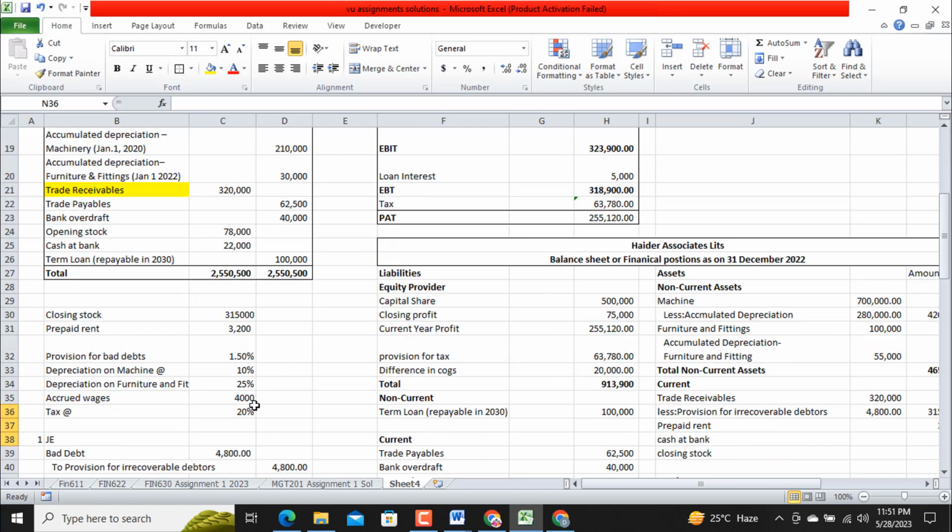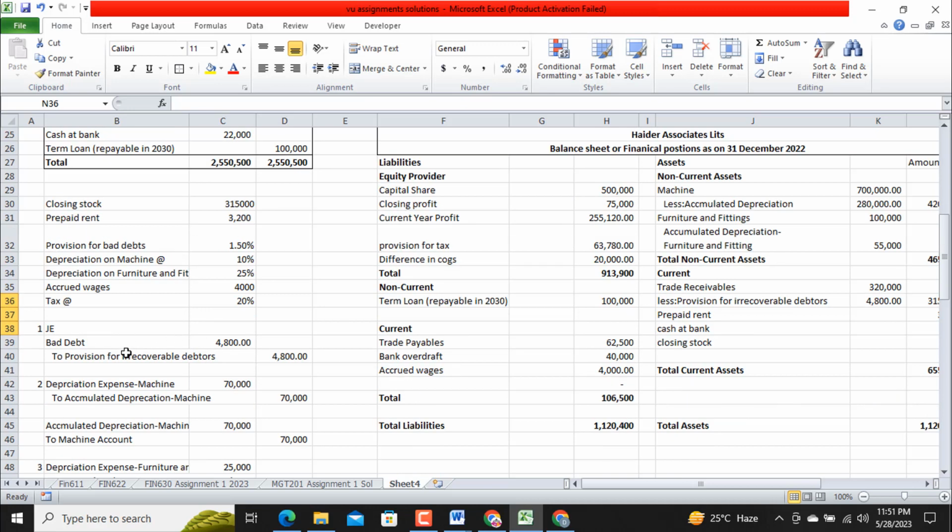So these are the additional information: closing stock, prepaid rent 32 already included, which we have to reduce from the rent expense, and provision for bad debts is 1.5%. Bad debt and provision for bad debt, both accounts are not available in the trial balance, so we need to create a general entry for this.